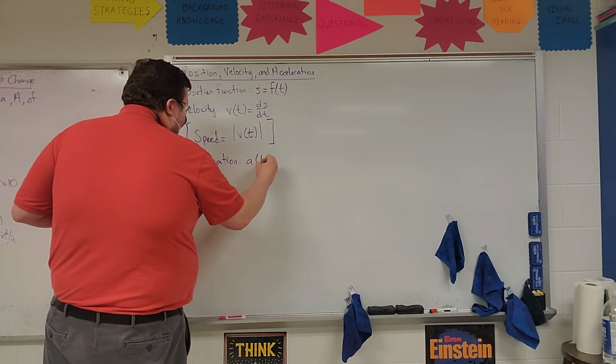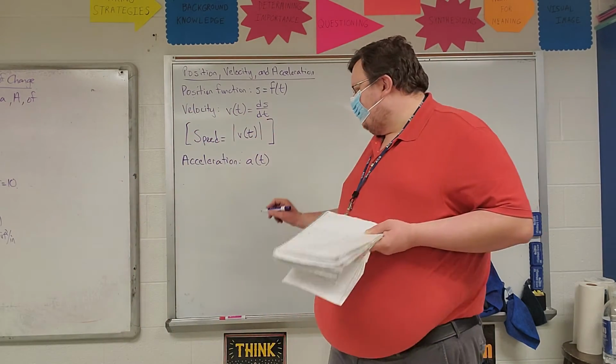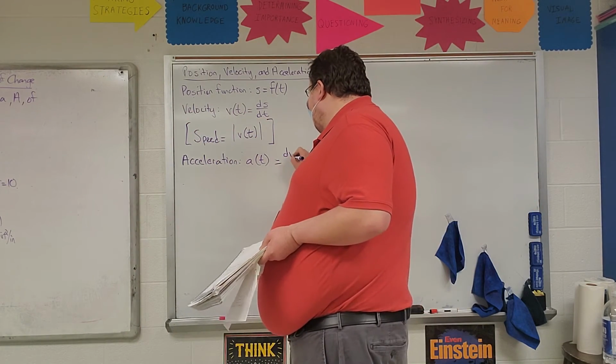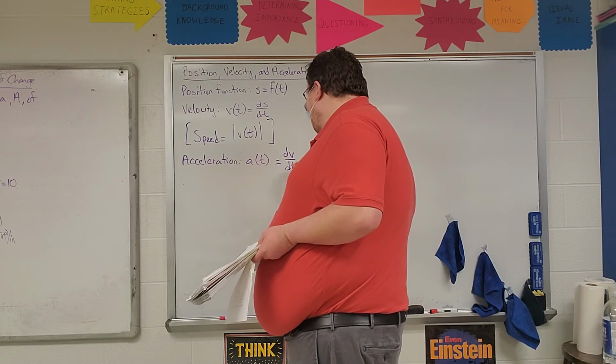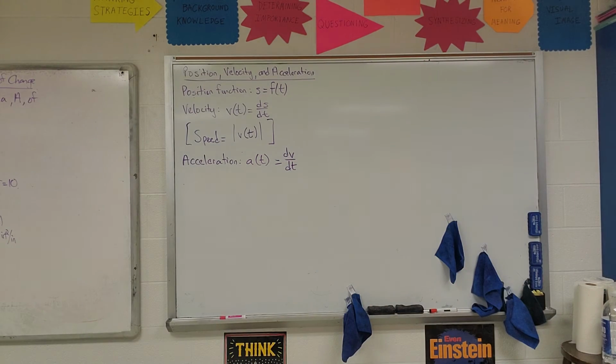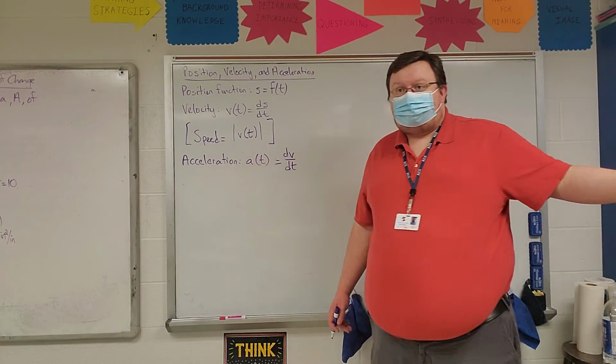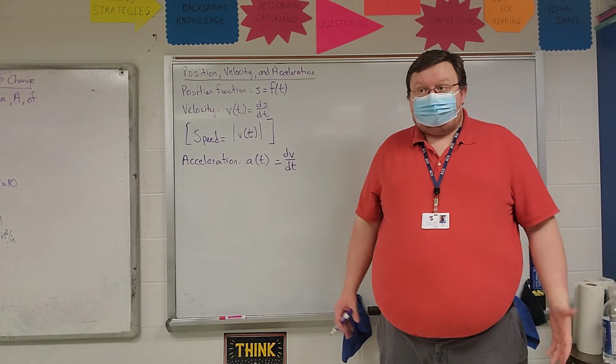All right, acceleration. The acceleration function is usually denoted a of t. Acceleration is the first derivative of velocity with respect to time. So if I take the derivative of velocity, I get acceleration. If you think about it, that's what acceleration is. It's a change in velocity.